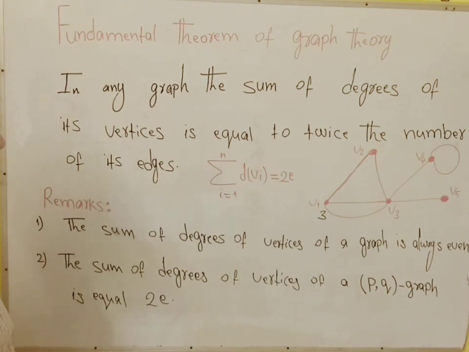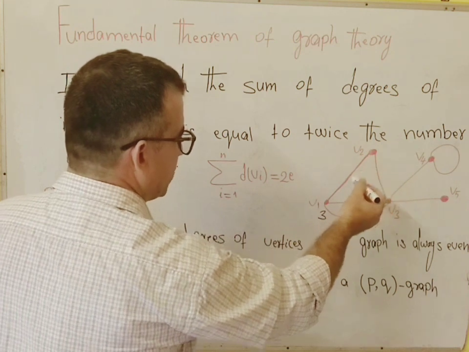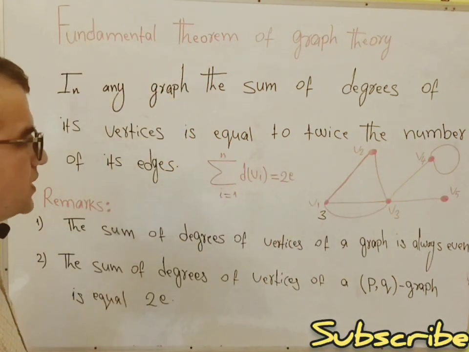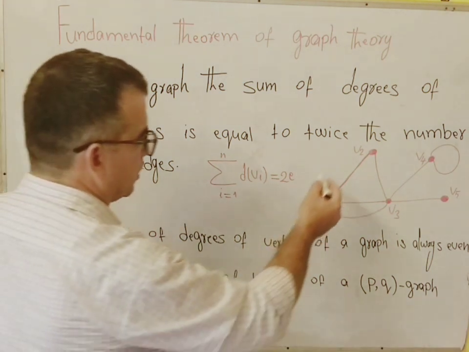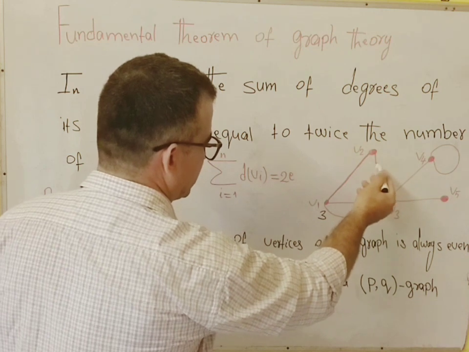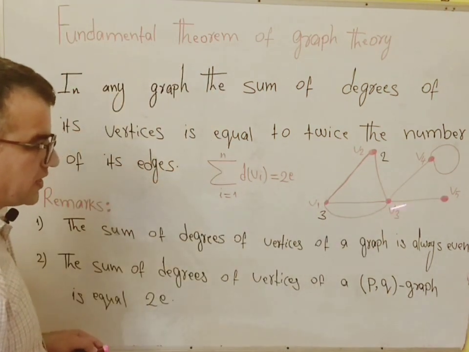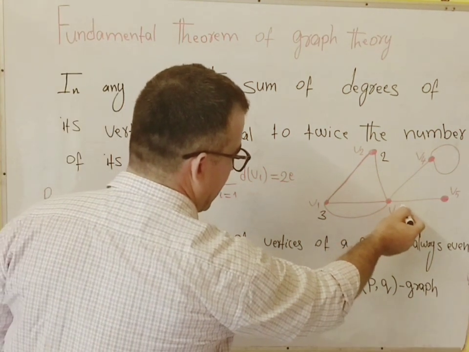The degree of vertex number 2 is 2, because this vertex is incident with 2 edges. The degree of vertex number 3 is 1, 2, 3, 4, 5.